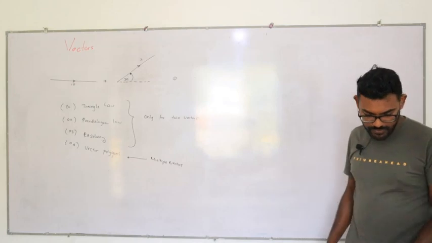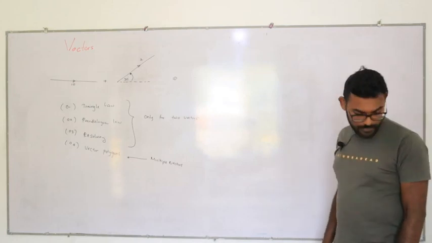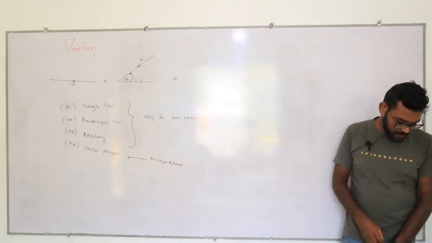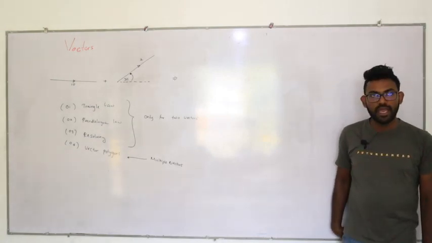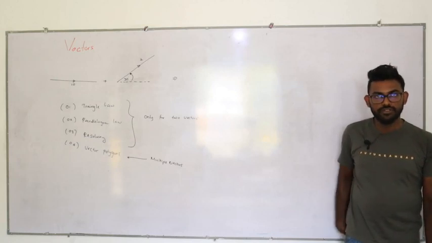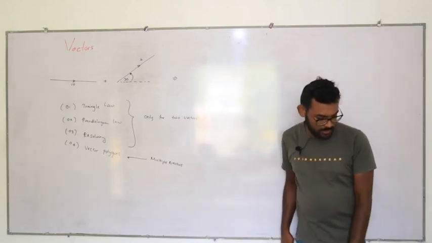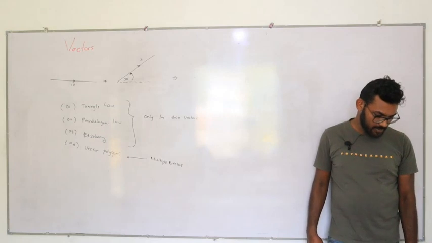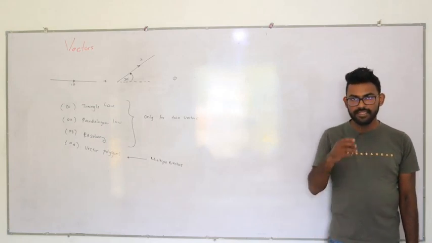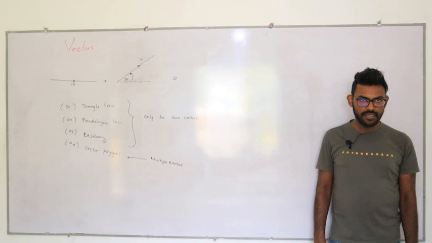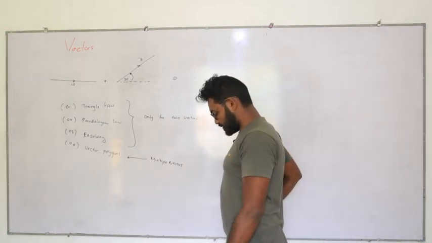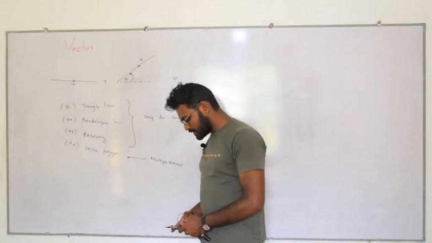Following method can be applied to add vectors and get the resultant, if the vectors are not aligned to the same direction.